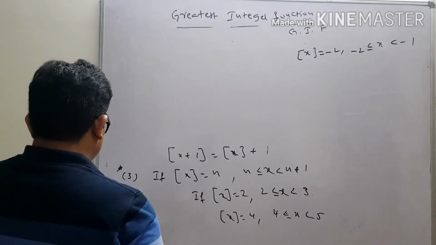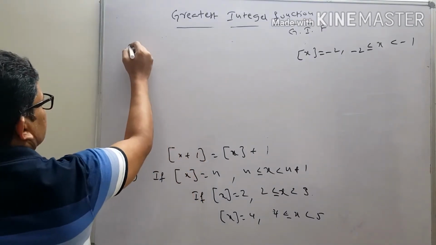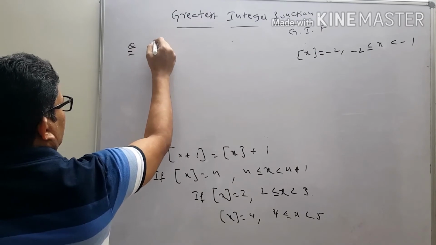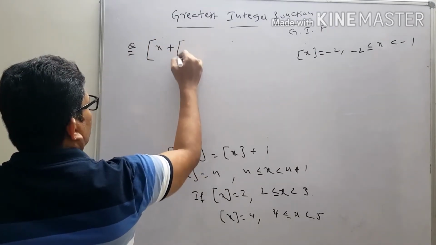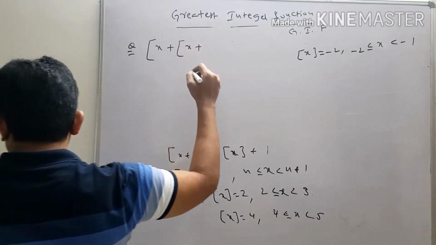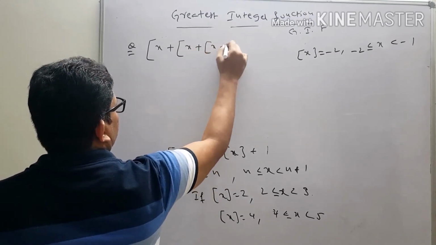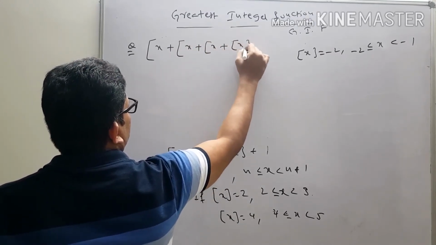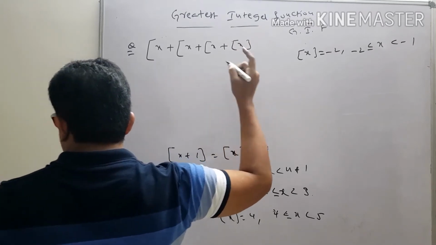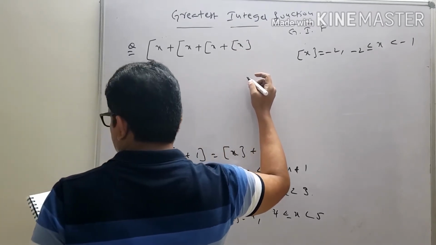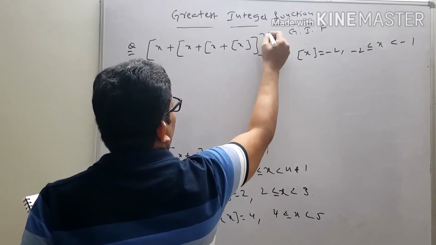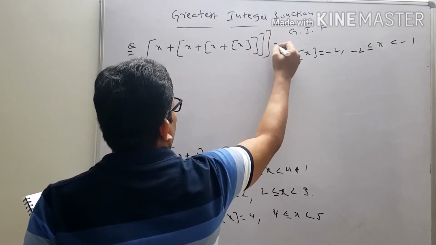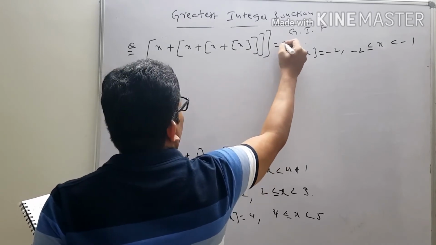Question. Box of x plus box of x plus box of x plus box of x, we can call it step x also, is equal to 8.